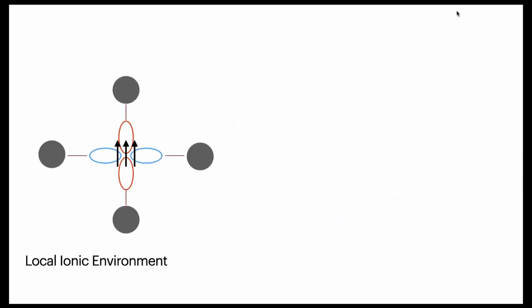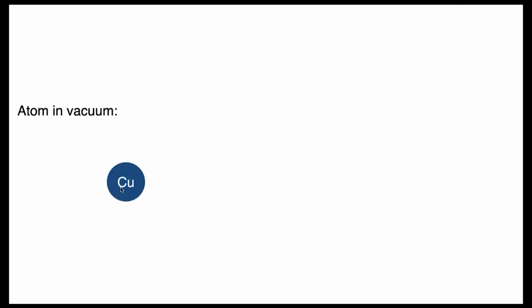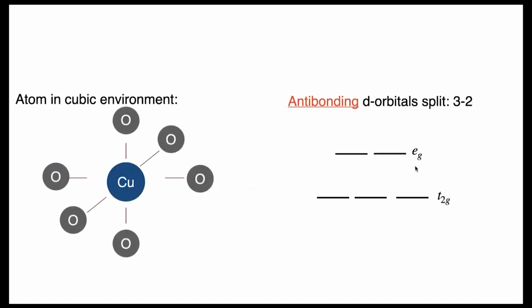Okay, so like I was showing, the local ionic environment plays a key role in correlated electron materials, right? So for example, if you have copper in a vacuum, its d orbitals will be degenerate from spherical symmetry. You put it in a cubic environment, if you think of antibonding orbitals alone, right? You have these d orbitals split this way, right?